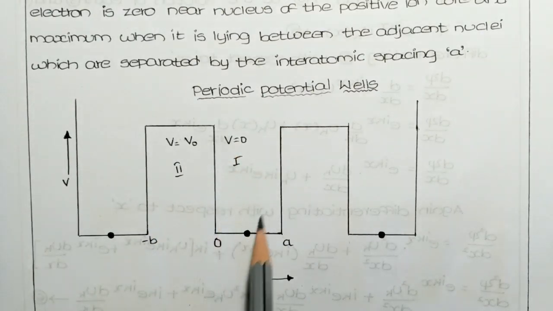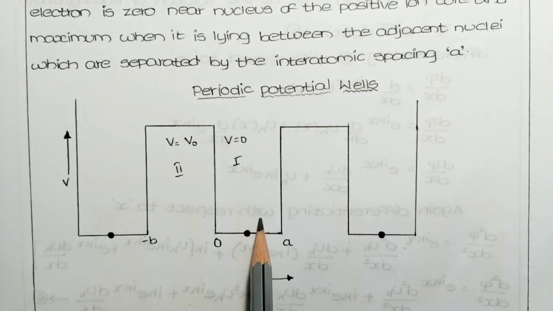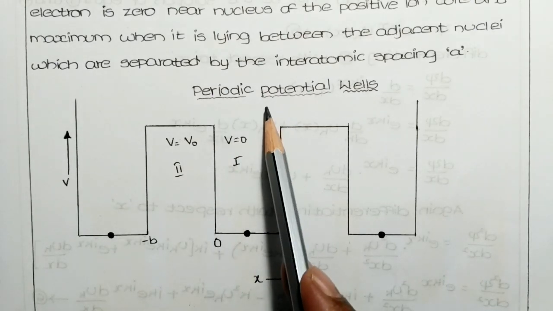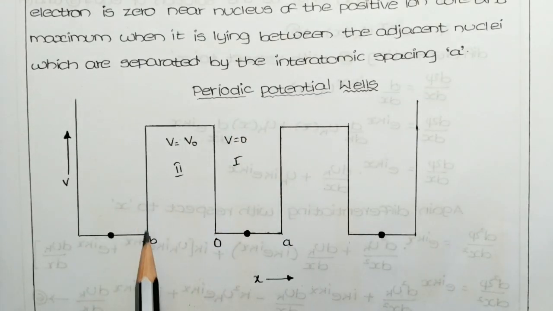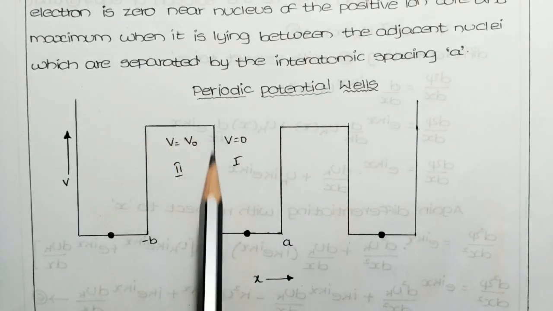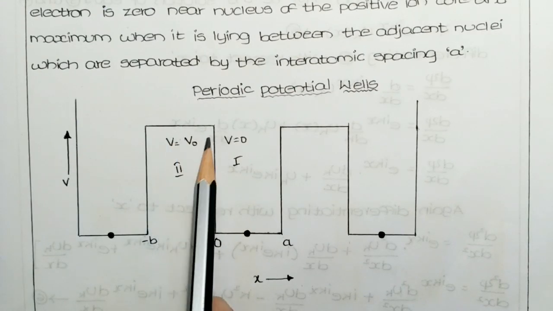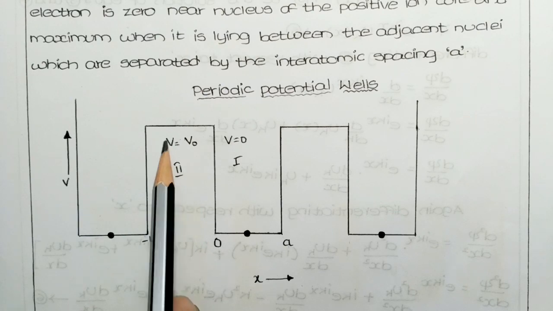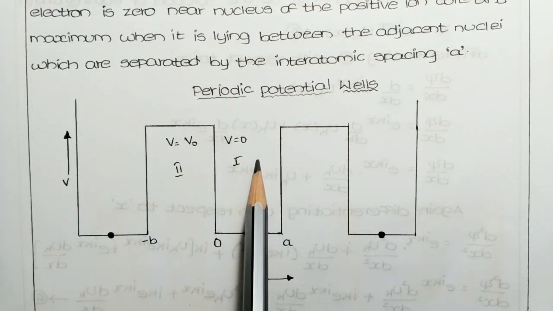Inside the potential well, the potential is equal to 0. Outside the potential well, the potential is infinity. But in the case of the potential barrier, at the top it indicates V equal to V naught. Here V is equal to 0.